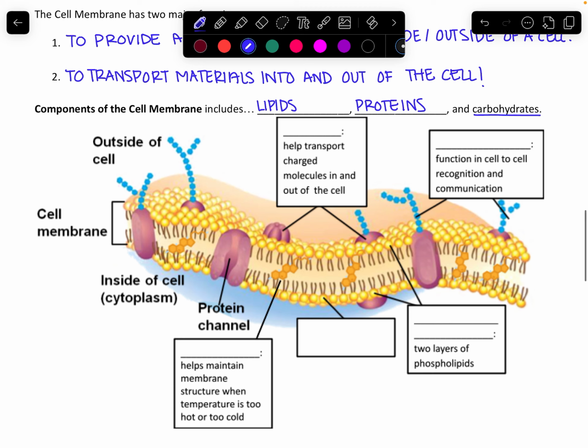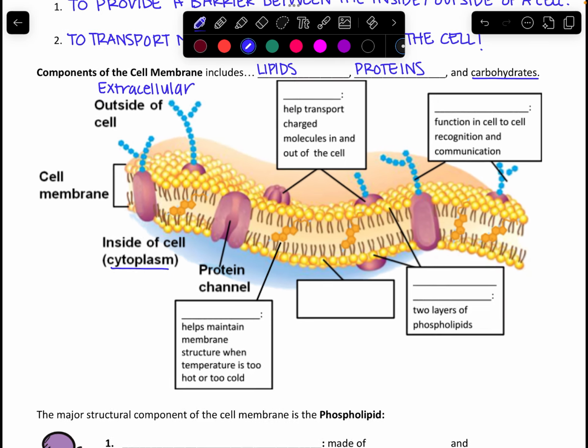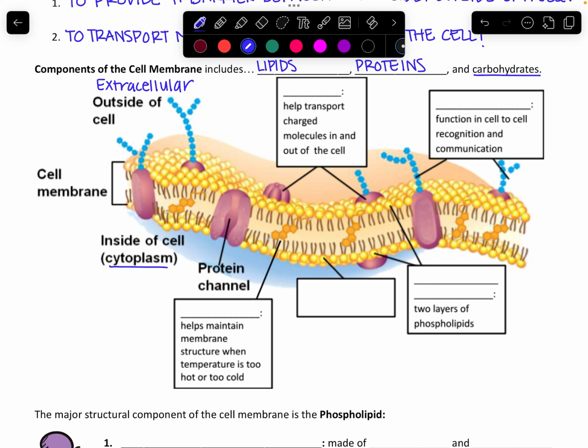So here we have the outside of our cell, our extracellular portion, filled with a bunch of watery fluids, and then we have our internal portion of the cell, which is going to be our cytoplasm, again, a watery fluid. Okay, so the main component of our cell membrane is the phospholipid.